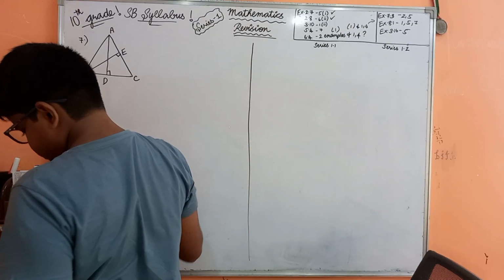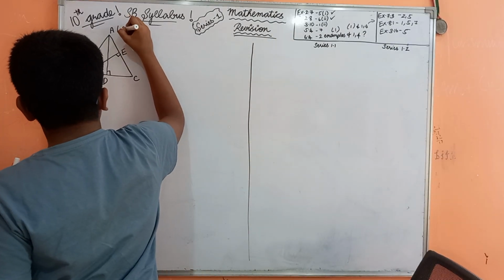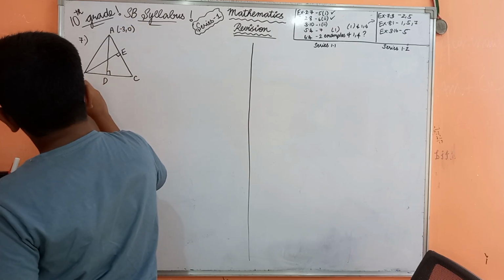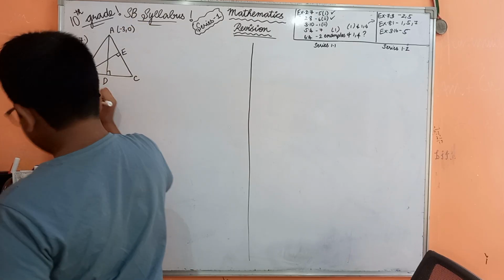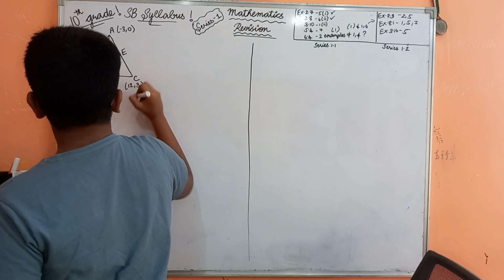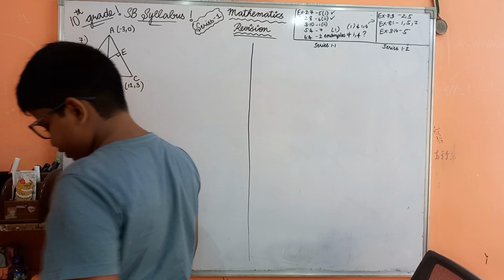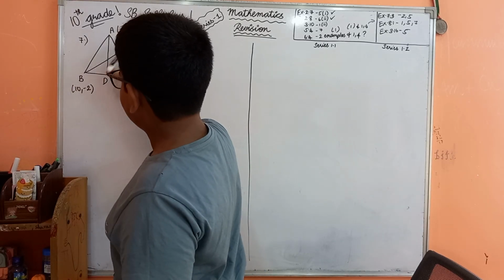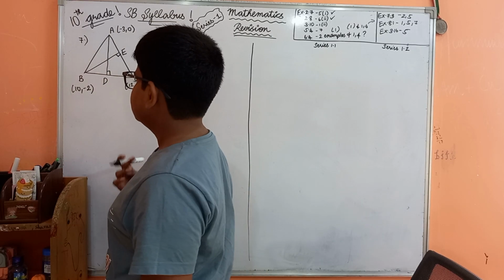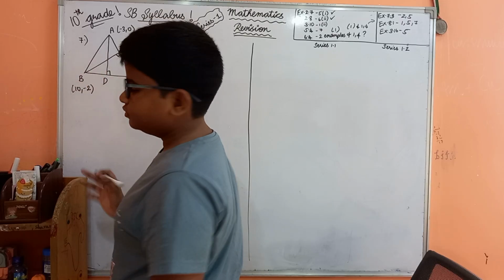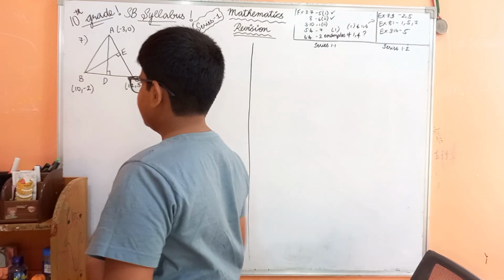So what is A? A is minus 3 comma 0, B is 10 comma minus 2, C is 12 comma 3. It's asking us the equation of the altitude from A to BC. So first we have to find the equation of this, then the equation of this.